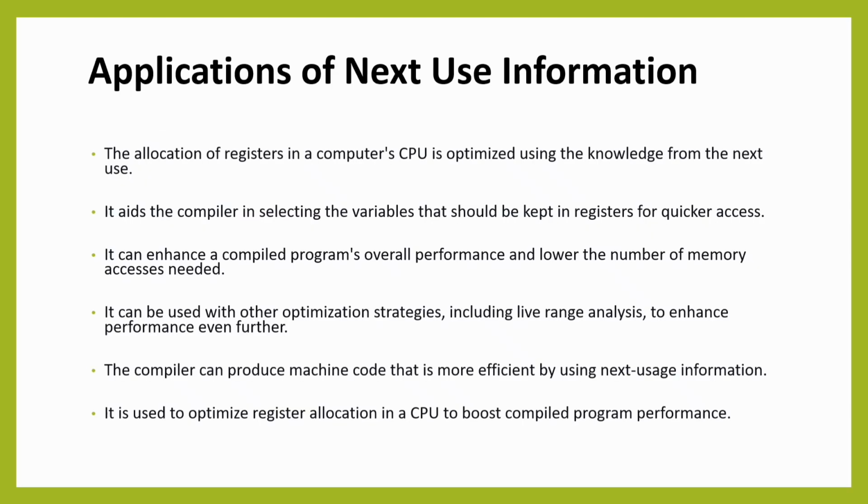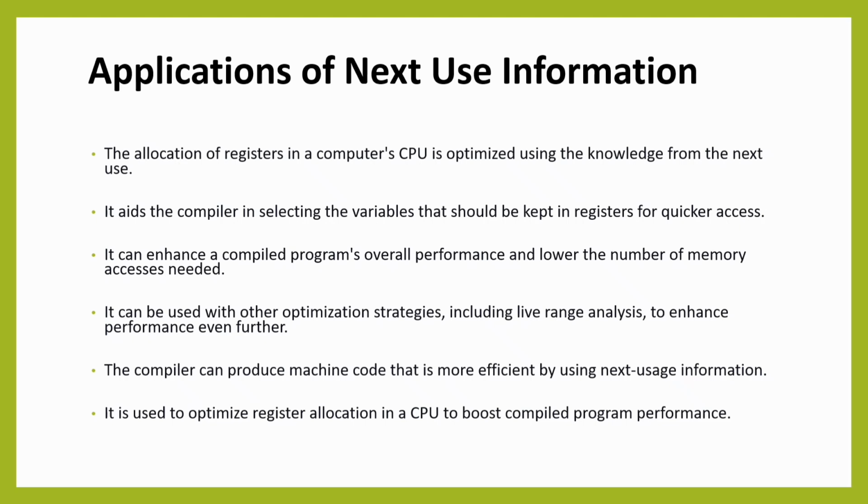Application of next use information. The register allocation in a computer CPU is optimized using the knowledge from the next use. It aids the compiler in selecting the variables that should be kept in registers for quicker access. It can enhance a compiled program's overall performance and lower the number of memory accesses needed.